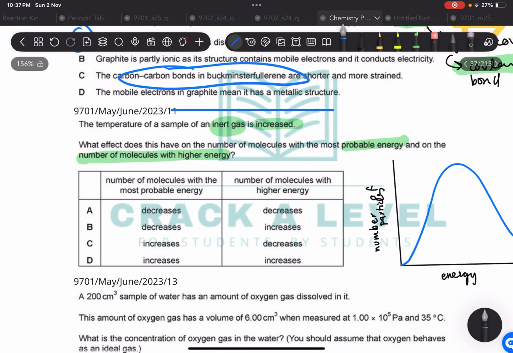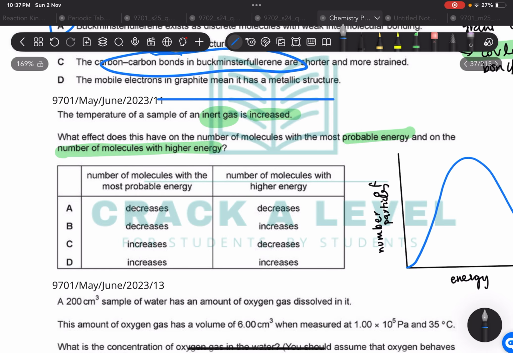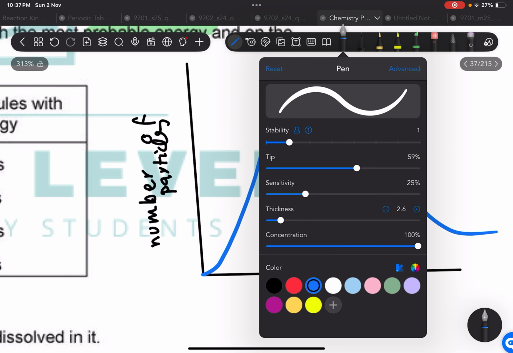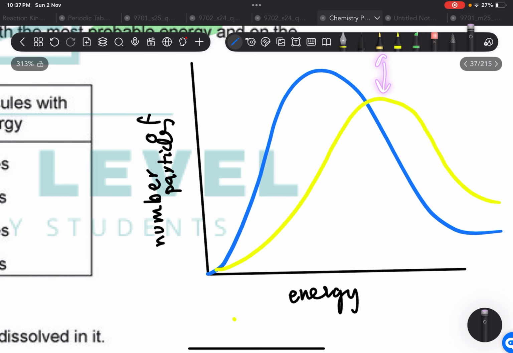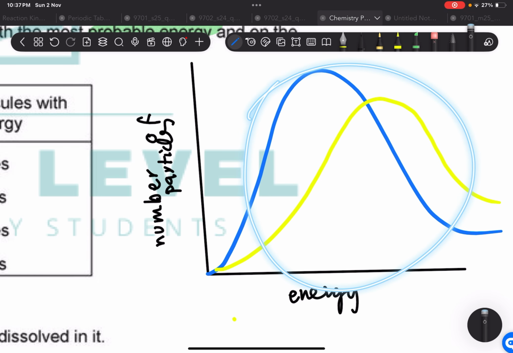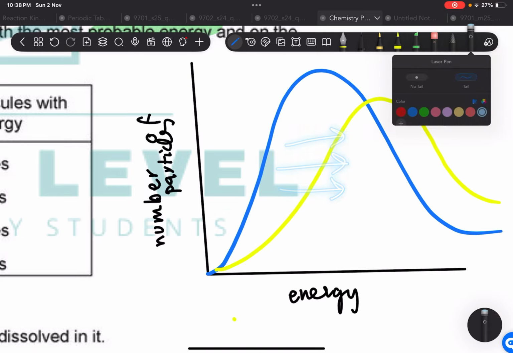And when you increase the temperature, your curve lowered. Firstly, the height decreased, and the second thing that happened was that this part moved towards the right.